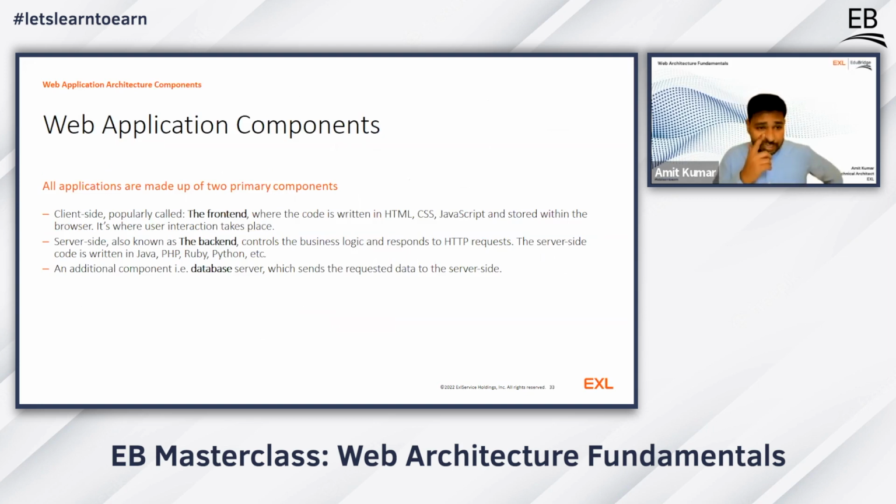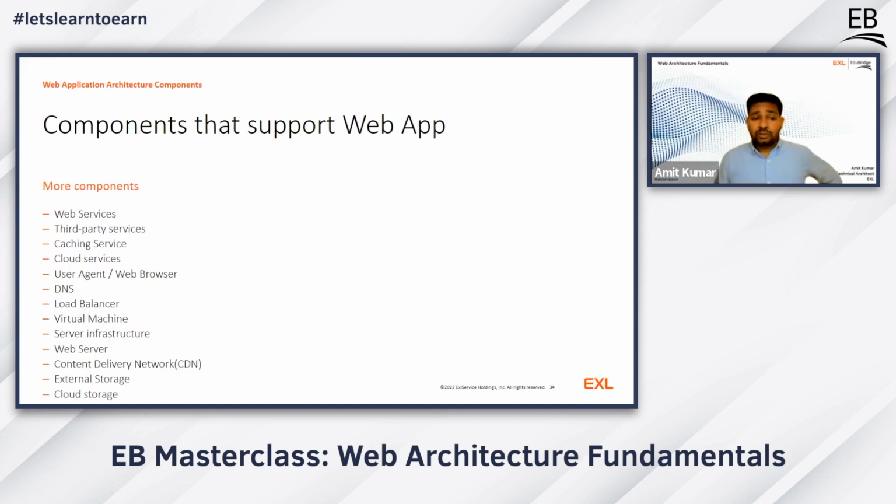So as we say, the client side, there are basically three main components in most applications: the front end, the back end, and the database. There are some other components also that are not directly part of our architecture but are supporting it.